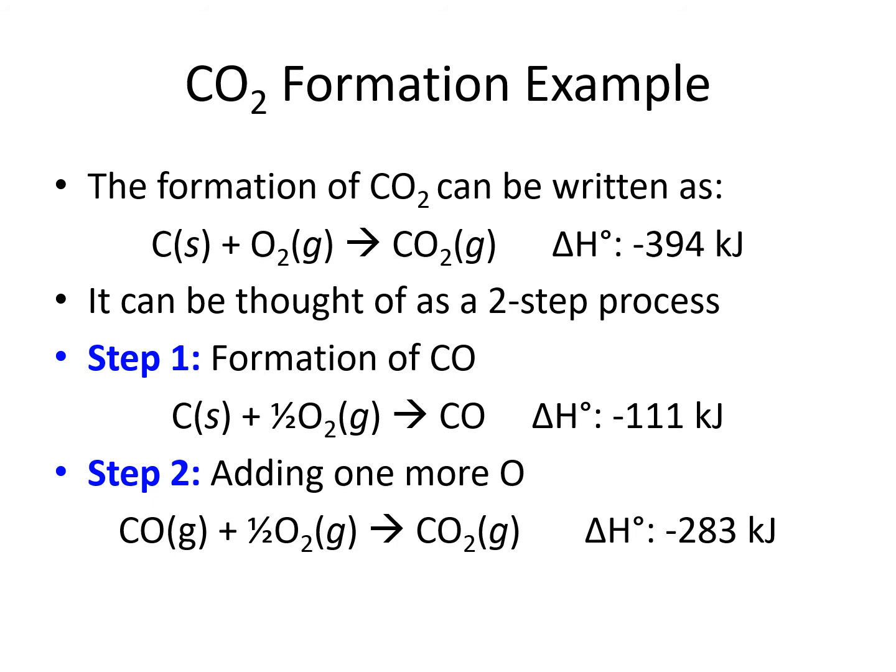Essentially, we have carbon plus 1 oxygen, and then we're adding another oxygen, which is going to be the same thing basically as having carbon and 2 oxygens to make CO2. So we have our steps, and we can add the delta H's for those steps to get the overall delta H for the reaction.